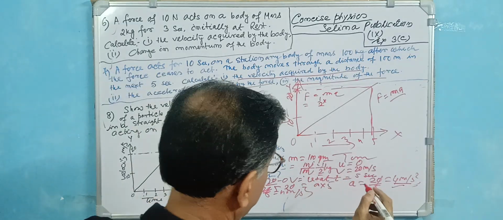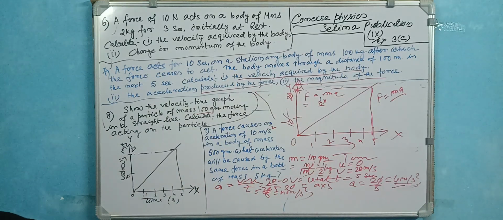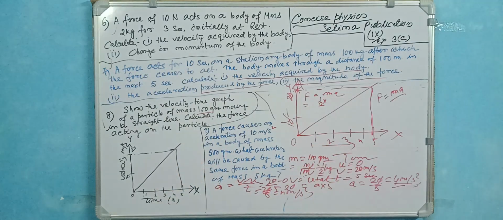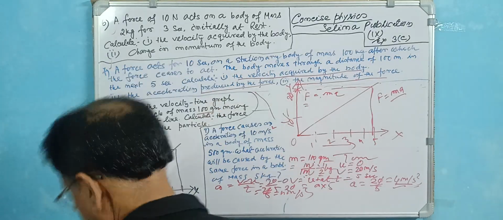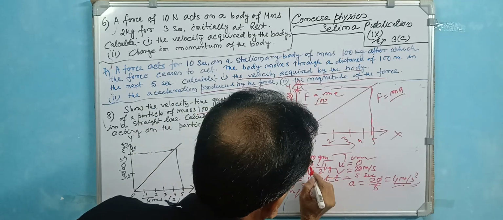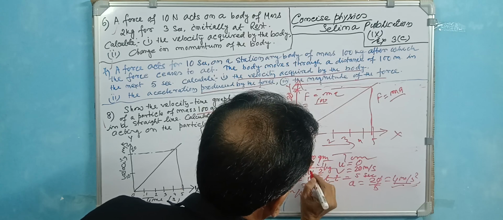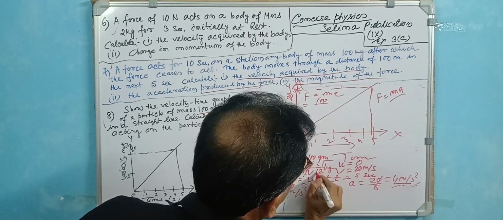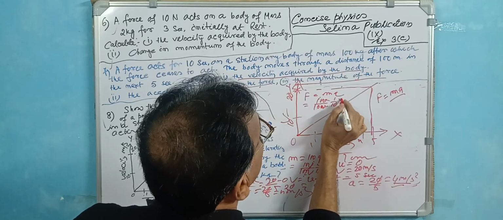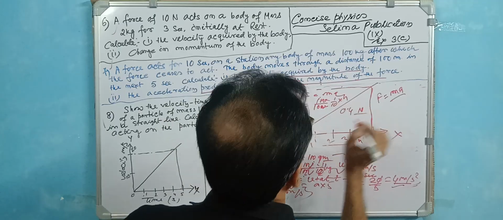Okay, no problem. Actually, I just write in this way. 100 by 1000, this is 1 by 10. So 1 by 10 into 4, that means 0.4 Newton.